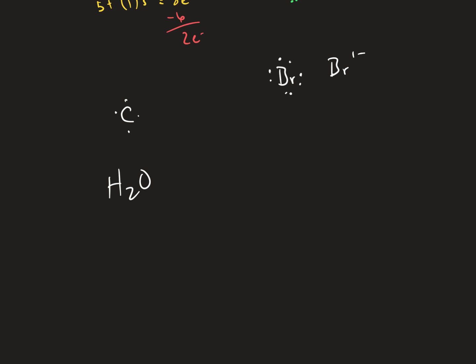Draw the Lewis structure for water. And if you got that one, do some of the other ones. If you have questions, let me know and we can go over it.